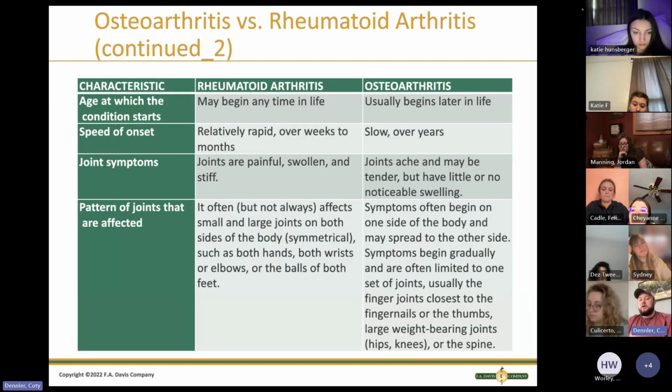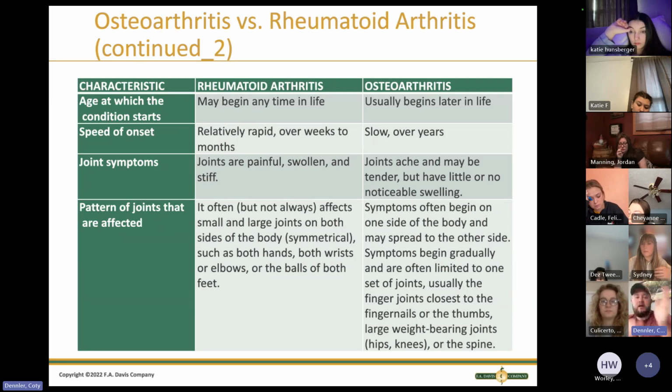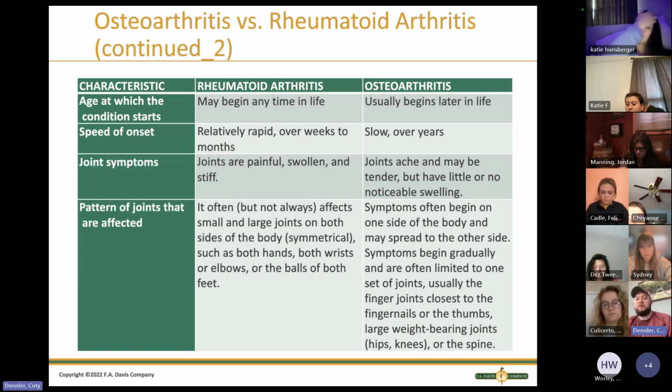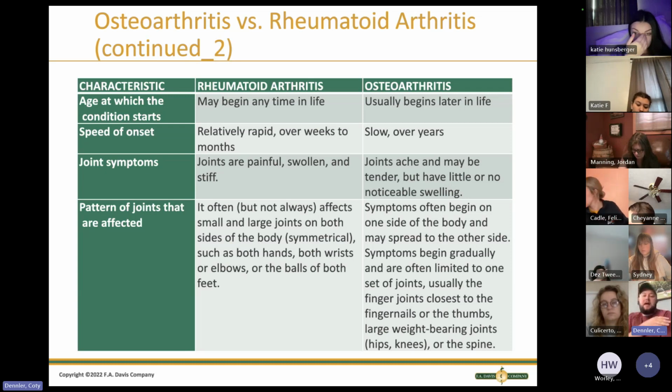All right, so this is a really good table. I think this comes directly out of your textbook. I don't remember what page it is on, but it helps you to differentiate between rheumatoid and osteoarthritis, because they can look similar at times, but it's very important to know the difference. Okay. So rheumatoid arthritis, it can begin at any time in life. It could happen in the very early childhood, and it could happen later in life. And it's pretty scary if it just randomly pops up.